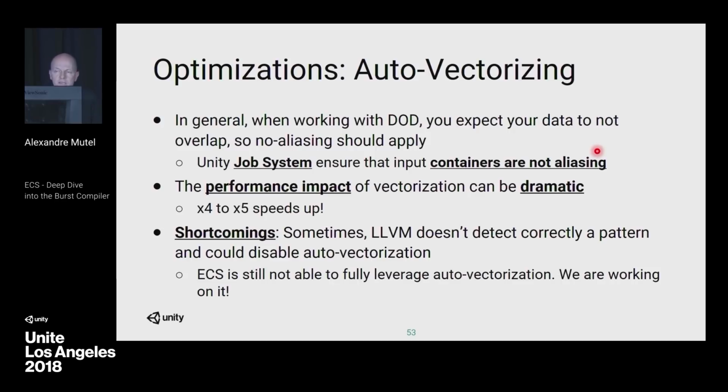But you need to check the generated code, or at least benchmark your code to make sure that you are not missing a performance decrease, because sometimes LLVM is not able to detect some patterns in your code, and maybe you will switch back from vectorized code to non-vectorized code, and that could have quite a significant impact on your code.